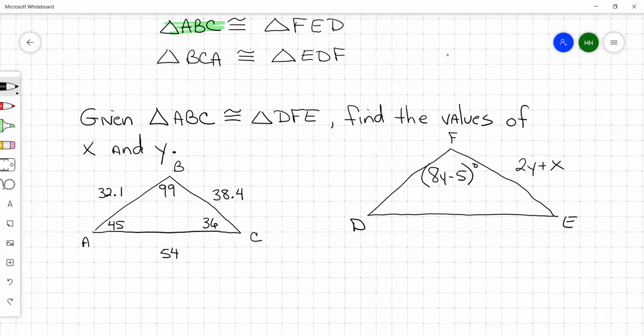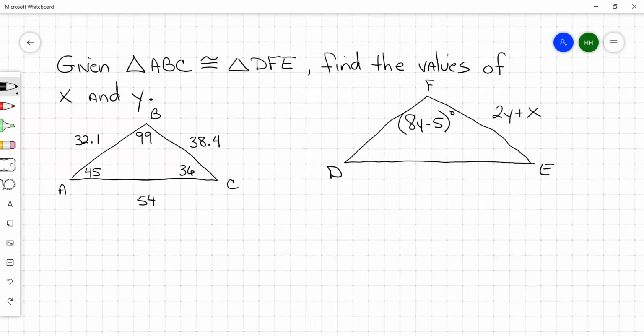Here's how you start this. In this congruent statement, angle B is in the middle, and so is angle F. So angle B is congruent to angle F. Those two angles are equal to each other. So you write an equation that 99 is equal to 8y minus 5. You use the information in the congruent statement to determine which angles and sides are congruent.